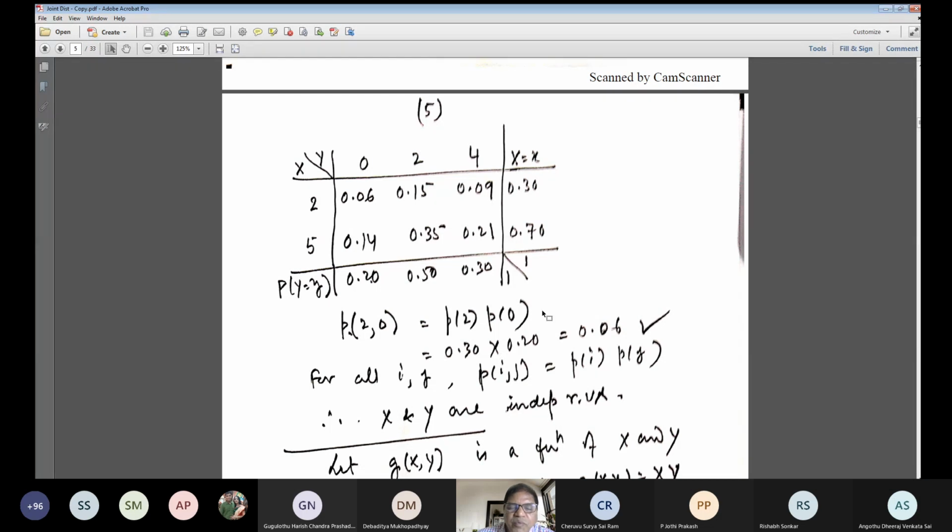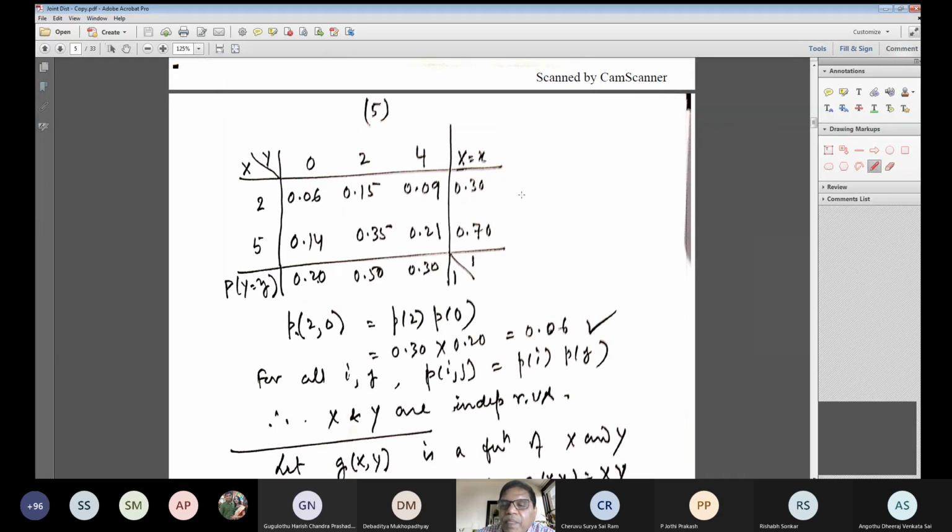Basically, what you do here is this cross multiplication. 0.2 times 0.3 will give you 0.06. Similarly, 0.5 times 0.7, you will get 0.35.